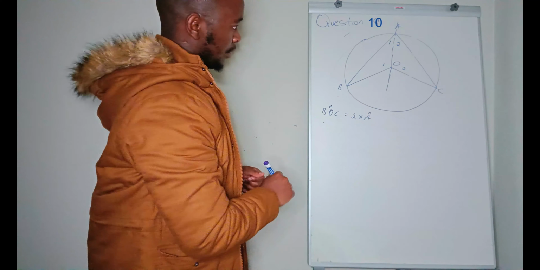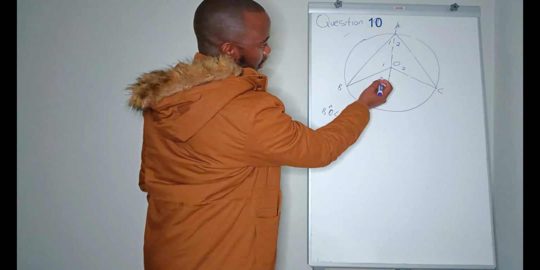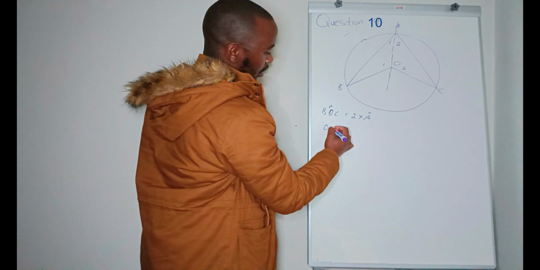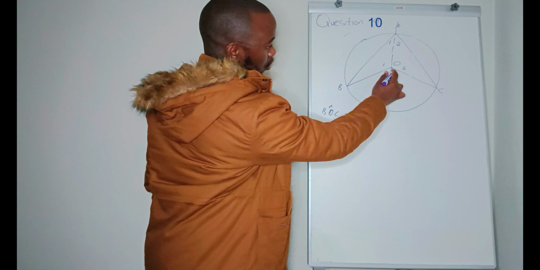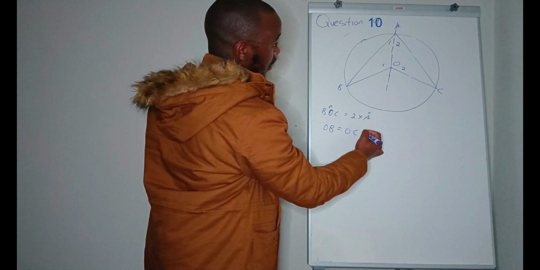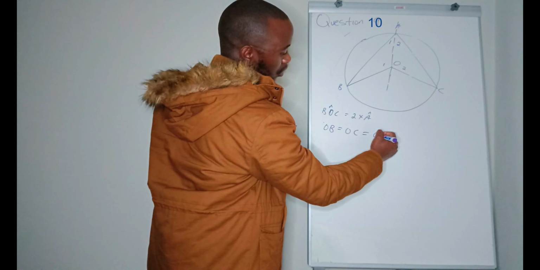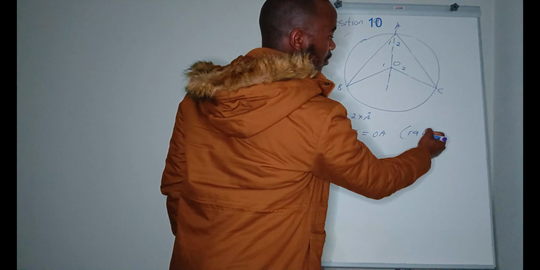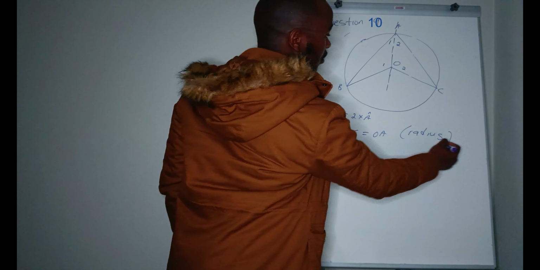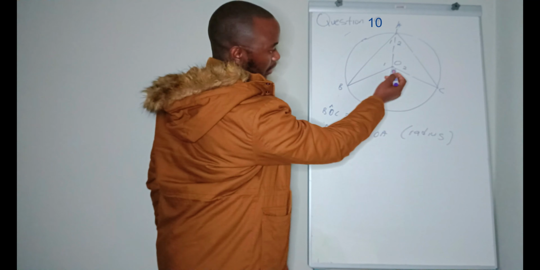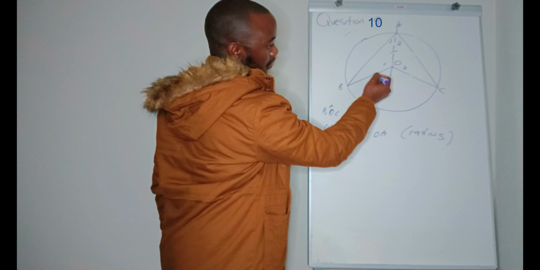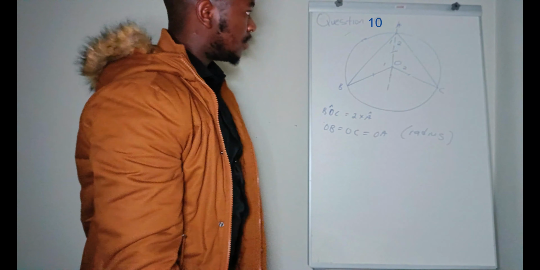So in there we can already see that OB is equal to OC and is equal to OA. Those are all radii. Can you see that this line here is from the center to the circumference, and that's the radius. So those are equal.